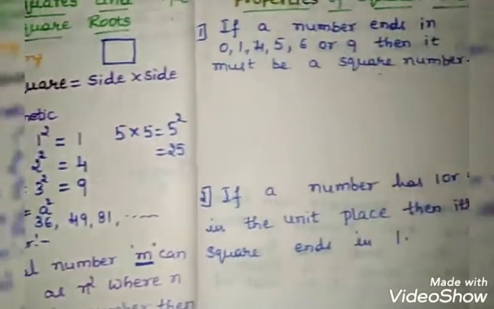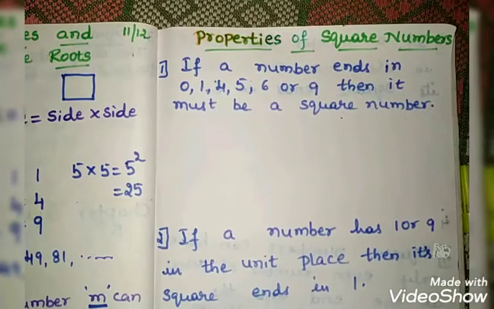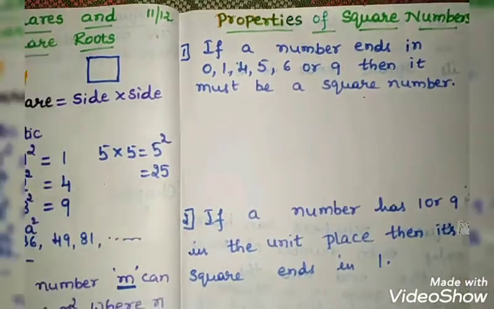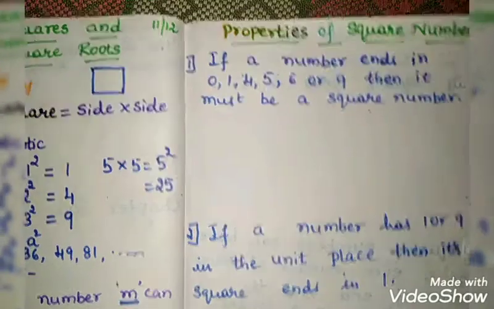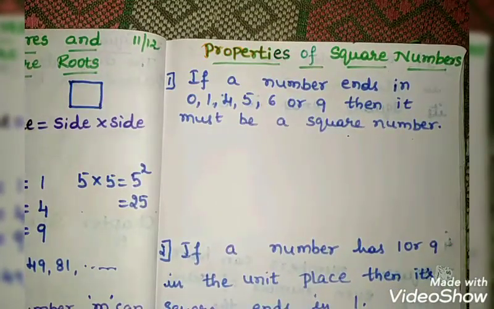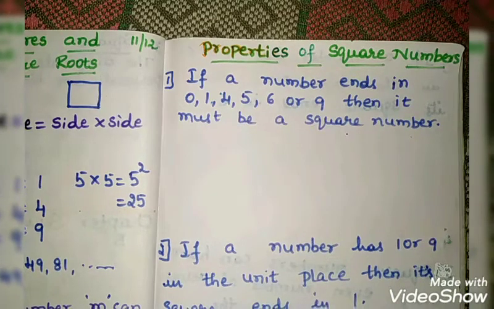A square number is having some properties, children. It is having some properties of its own. It is having some properties and so it is special. What are the properties of a square number?